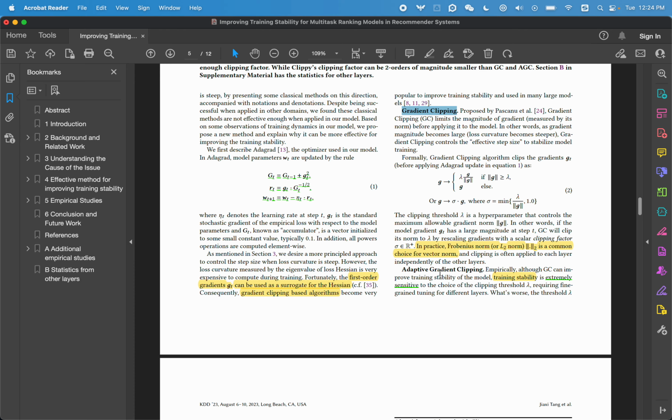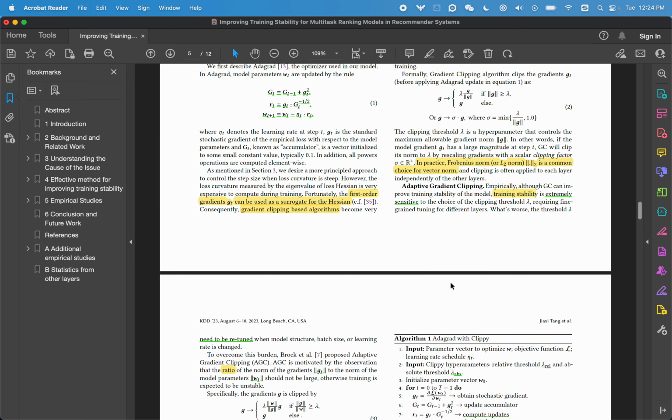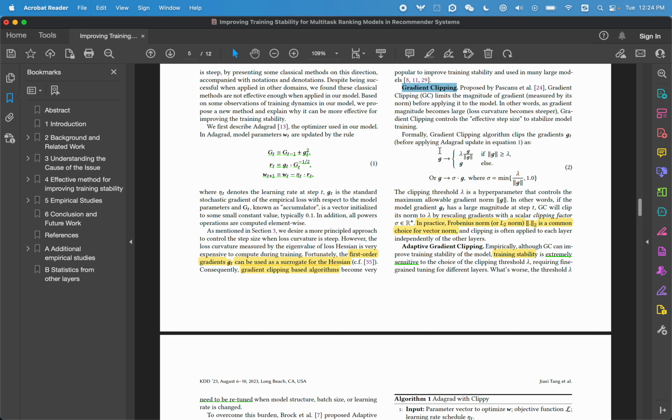Okay, adaptive gradient clipping. This thing has certain setbacks, like you have to scale or fine tune this lambda. If you have a linear layer or a batch norm layer, this lambda can be totally different. If you want to scale down things, is the gradient actually huge or not?